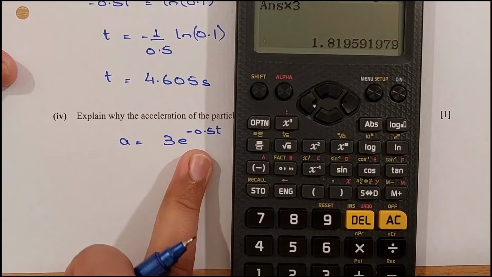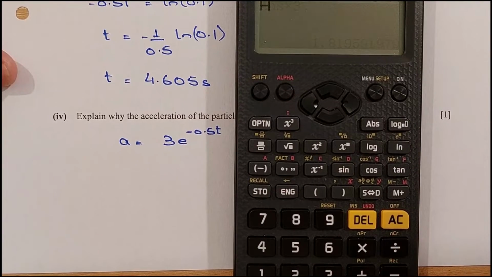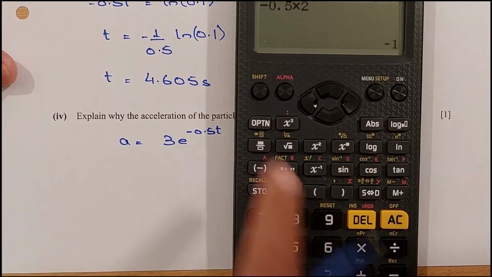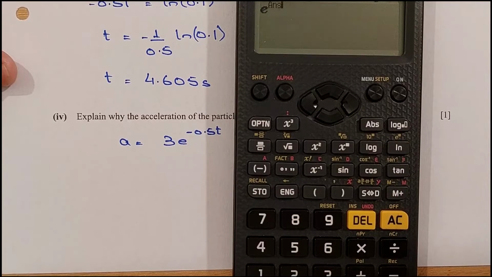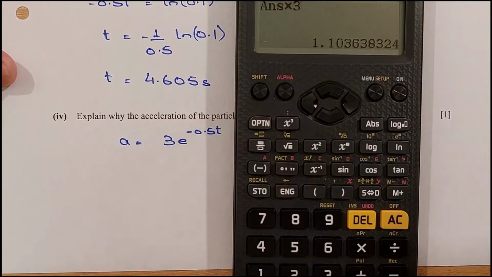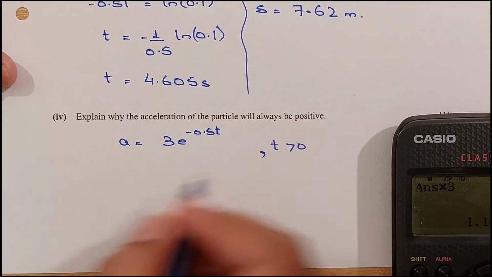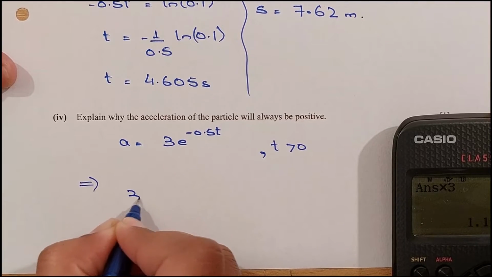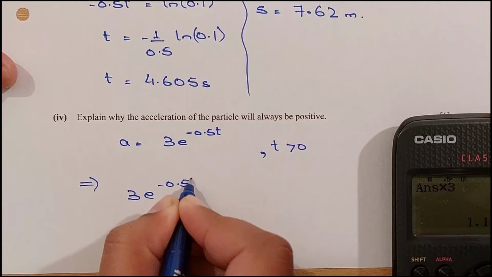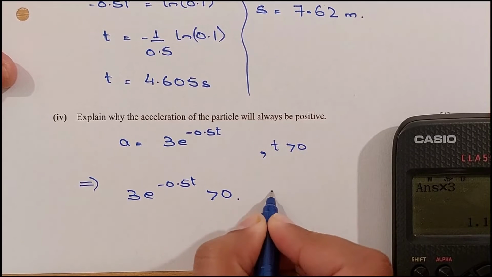This is positive. If you put time equal to 2, e power minus 0.5 times 2, times 3, this is positive. So since time is positive, this implies 3 e power minus 0.5t is greater than 0 always.